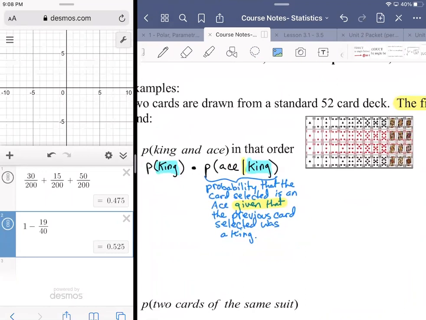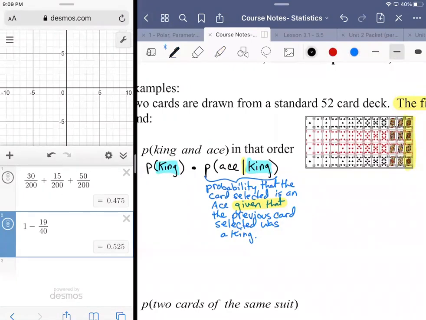All right, so kings. Got 4 of them. Those are my kings. So that's 4 out of 52. So then what I want to do is I want to assume that I got one of those kings.